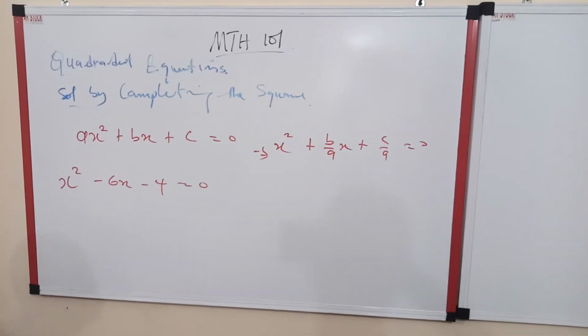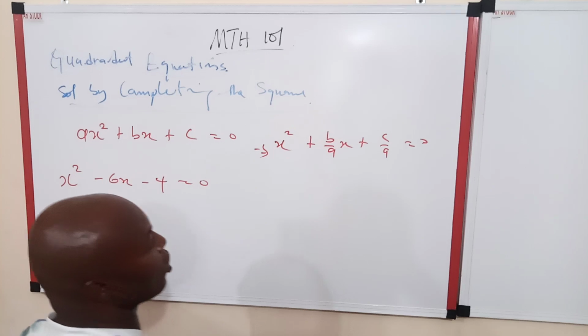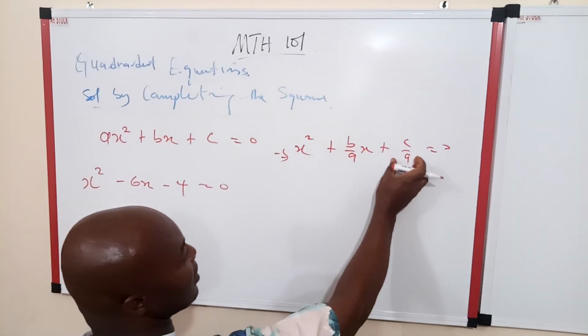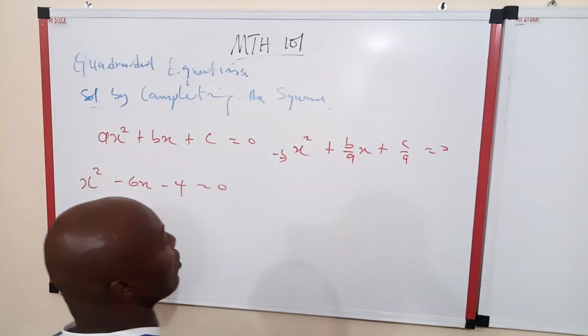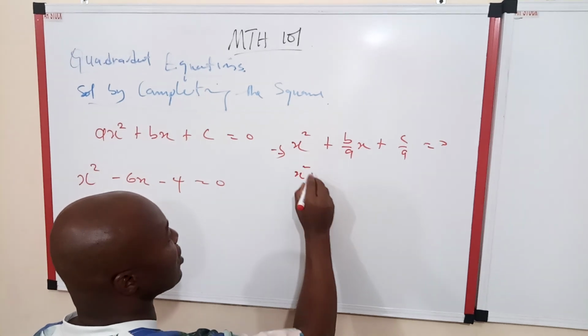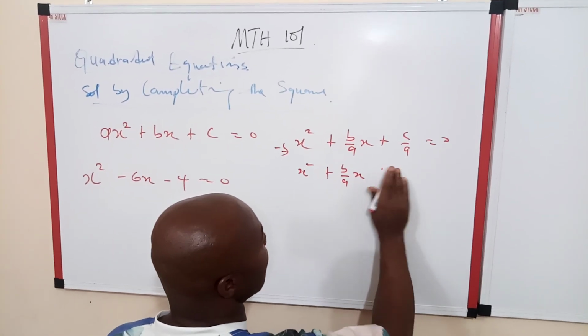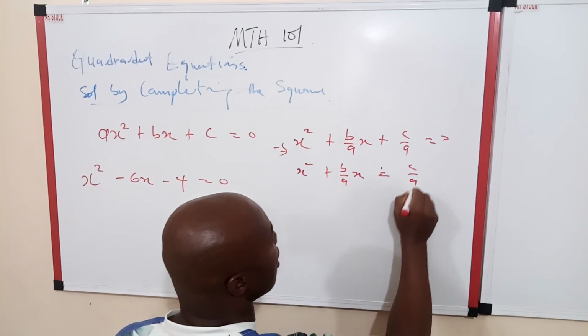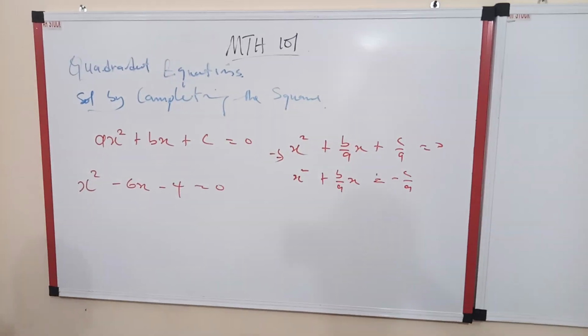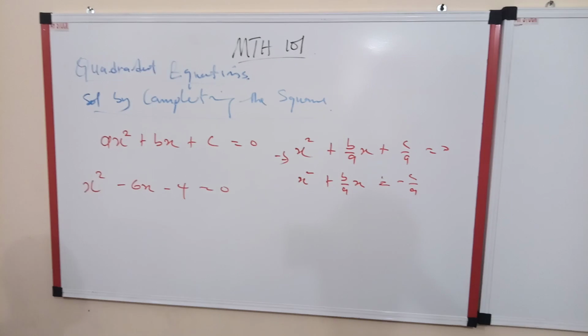Then we take this constant term across the equal sign, and we're going to have x squared plus b over a x equals negative c over a.